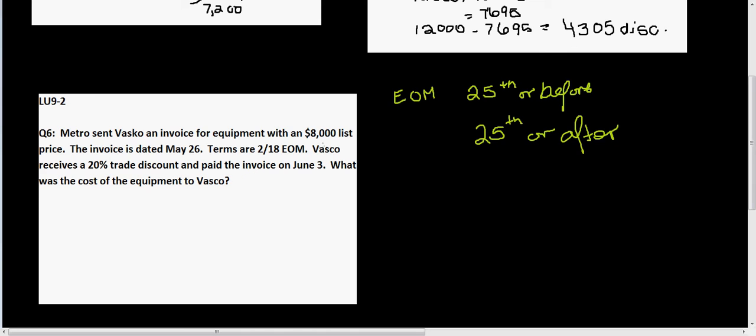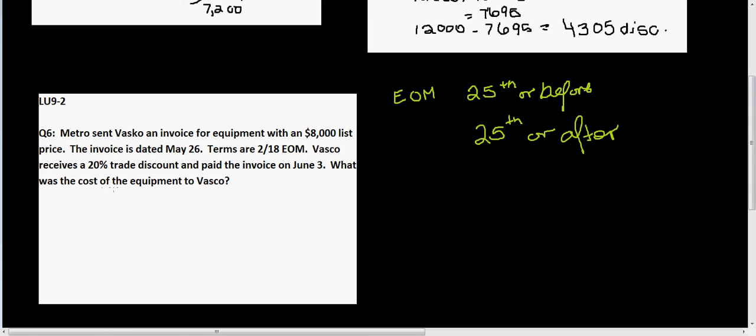So, in that case, what you get is a 2% discount if you pay 18 days from the beginning of not June, but July. That's when you get your discount. So you have to be very aware of the dates. All right. So in this case, you get a 2% discount if you pay before the 18th end of month, which would be the 18th of July. So let's continue.